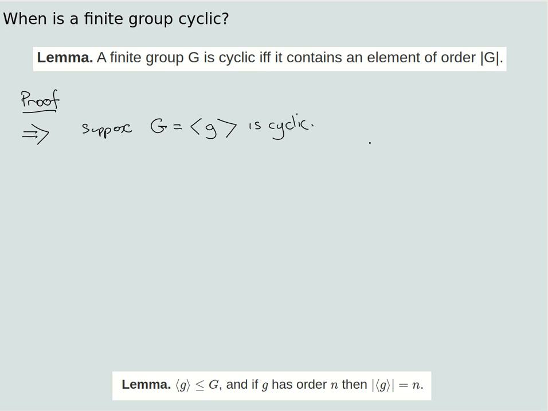So the size of the cyclic subgroup generated by g is the order of g. We saw this before. But on the other hand, the size of the cyclic subgroup generated by g is the size of all of G, because the cyclic subgroup generated by g is the whole group.